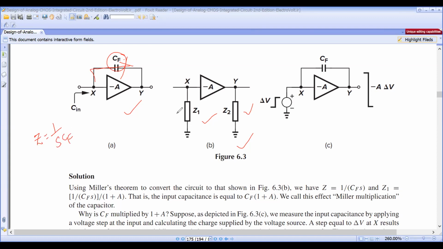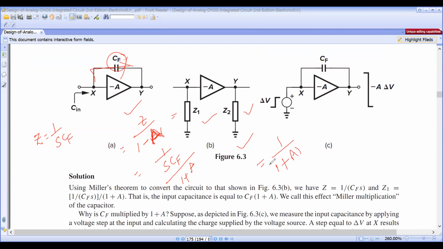Now Z1 is equal to Z by 1 minus AV, or A, whatever you can say. Since the gain is given as A, you can write A. A is the open loop gain. So Z1 is equal to, what is Z? Z is 1 by S into CF, divided by 1 minus AV, or 1 minus A otherwise. That means this is equal to 1 by 1 minus minus A, and minus 1 times minus is plus, so it becomes plus.